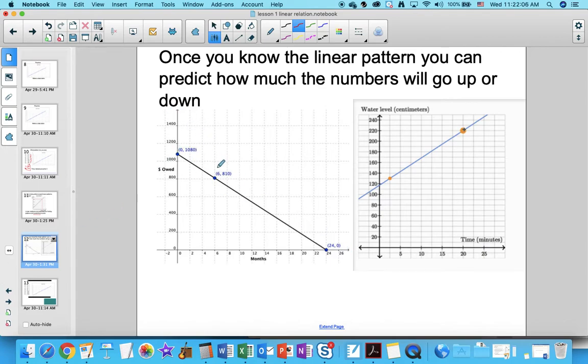The values can start to decrease, and you can predict how much they will decrease or increase by. It's important to read information this way because it allows us to make predictions, to interpret information and use it.